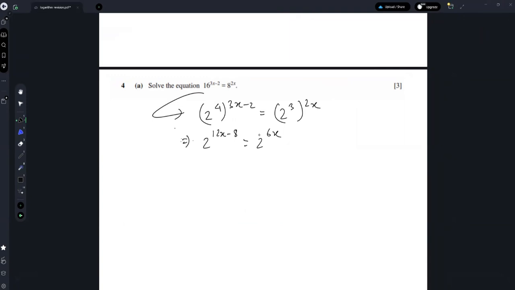If these two are the same, the powers are going to be equal. So we get 6x equals 8, x equals 8 by 6. Okay, so this is one thing we get.